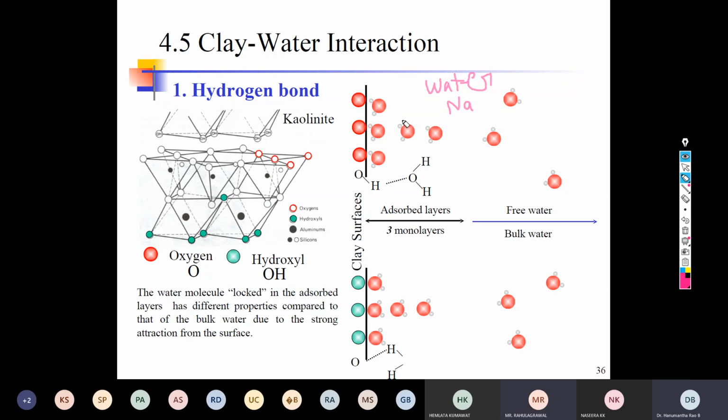This part is clear. Okay, good. Suppose I also introduce calcium. Again, this calcium replaces the sodium, though there is still formation of the diffusive double layer. Why?